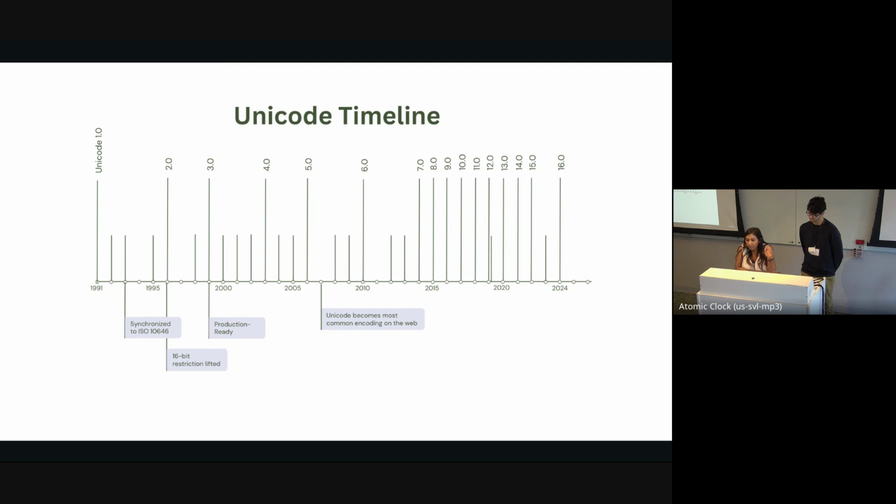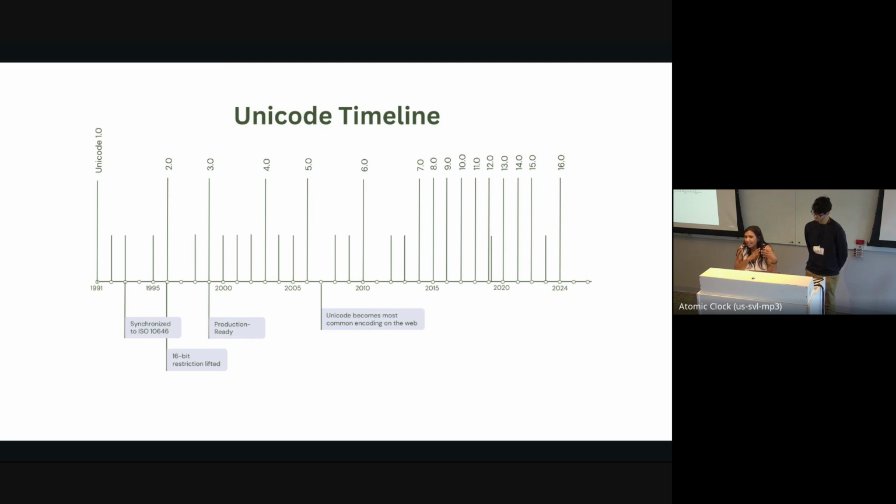Version 3, released in 1999, is what most Unicoders will consider the first production-ready version. It had every national script and most commercially important scripts in it. It was also at this stage that major software systems like Microsoft Windows began implementing Unicode.